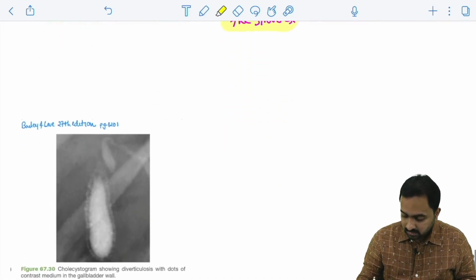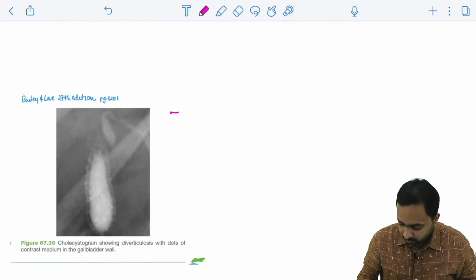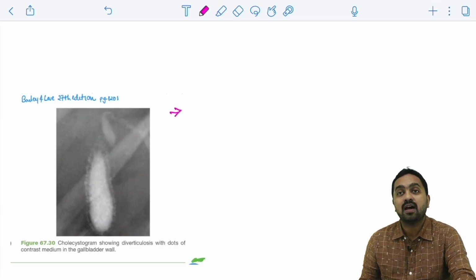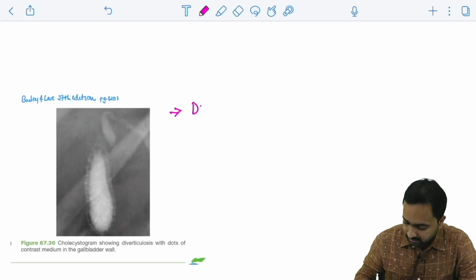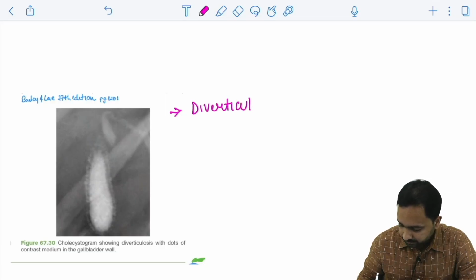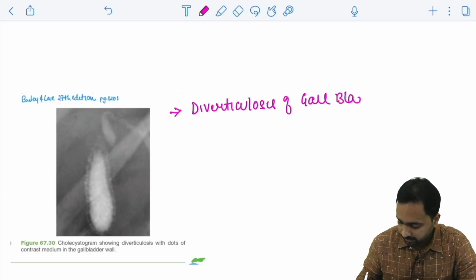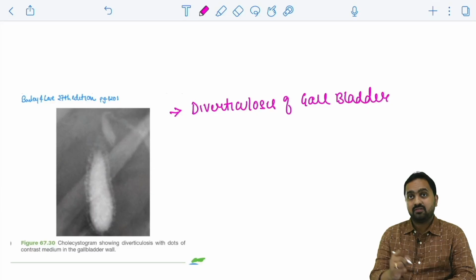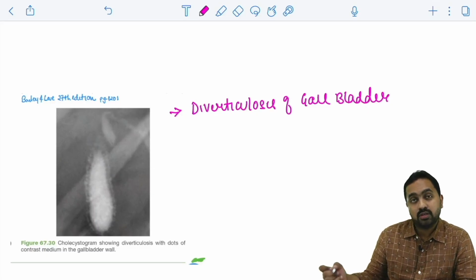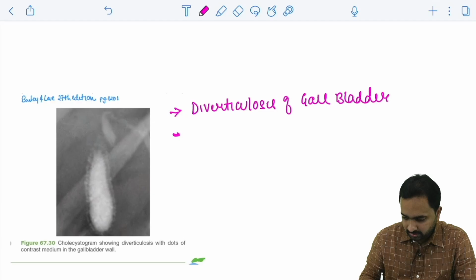The next image is that of the gallbladder diverticula, that is diverticulosis of gallbladder. This image has been taken from Bailey and Love and is a potential MCQ question that can be asked in your exam.